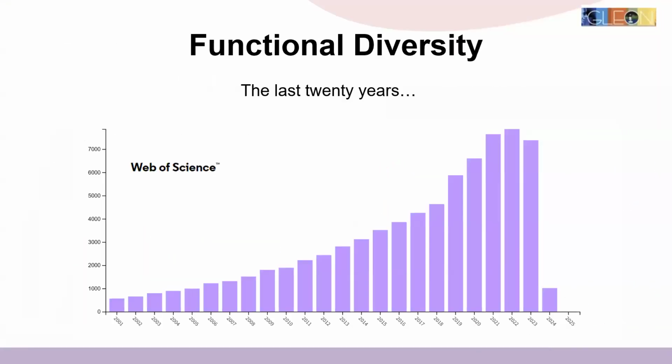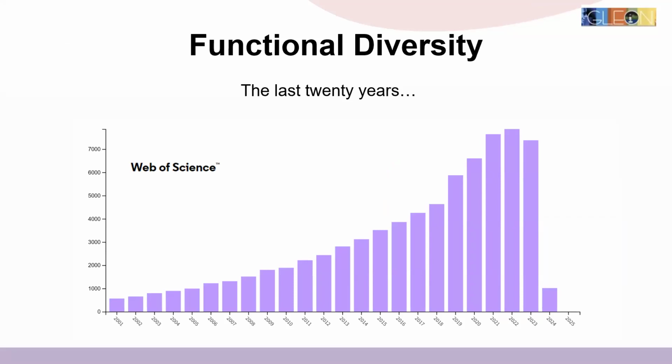Functional diversity has been studied for a long time. Since Darwin, for example, who used to classify species by their trophic guilds, but no one called it functional diversity at that time.